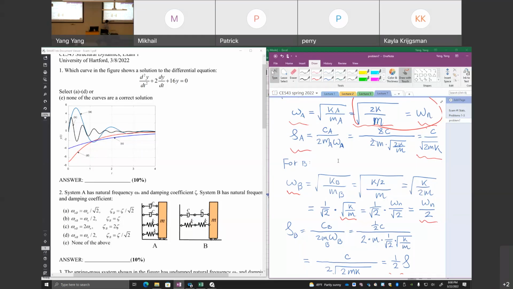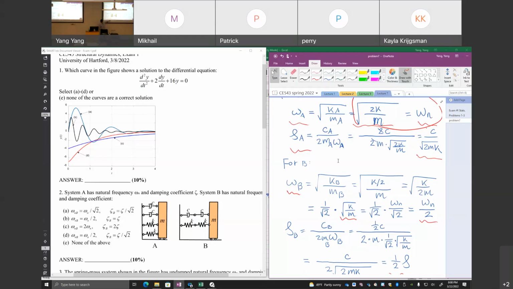Yes, omega n is equal to square root of k over m. That's a general equation, but when you use it, you have to be careful: what is k? It's the overall stiffness of the system. For system A, when you use omega n equal to square root of k over m, you should use k equal to 2 times k.